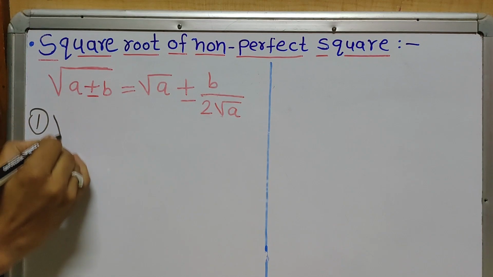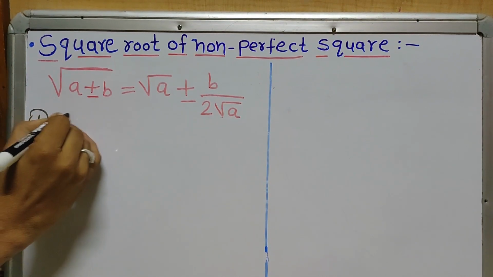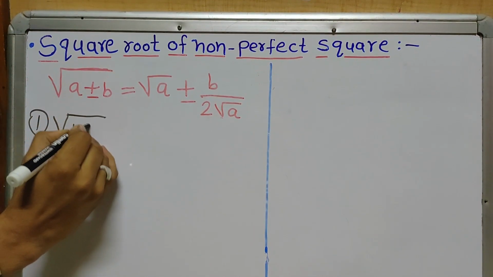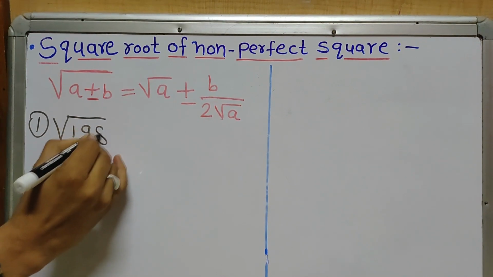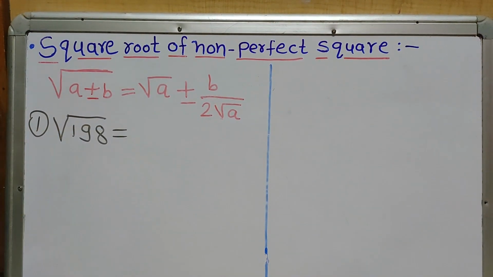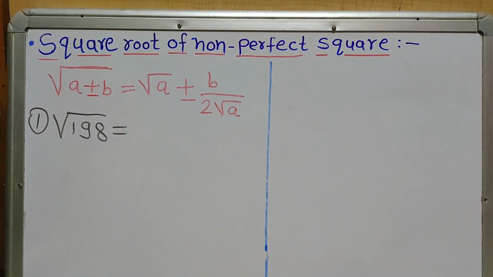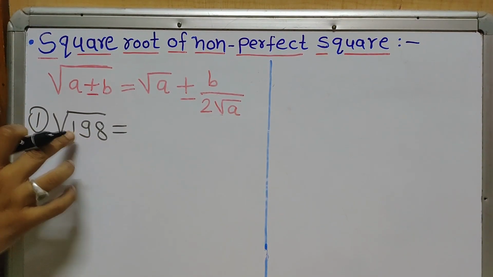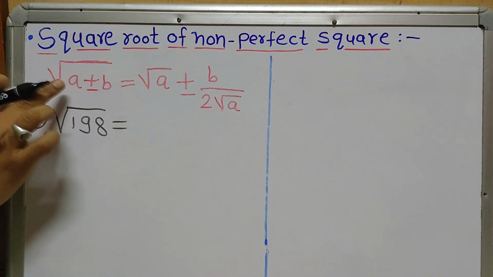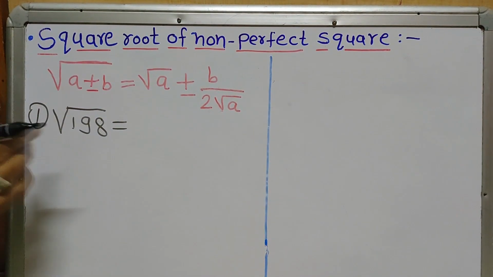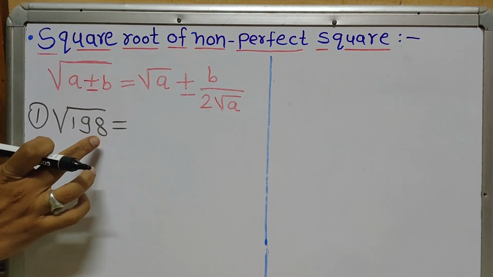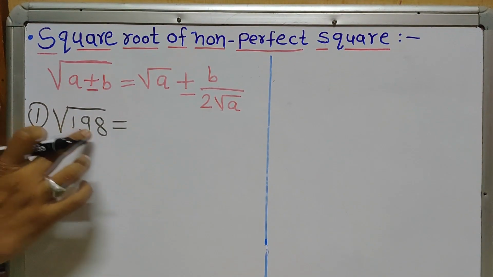Square root of 198 is a non-perfect square. So first, split 198 in the form of a plus b. 198 is closer to the perfect square 196.